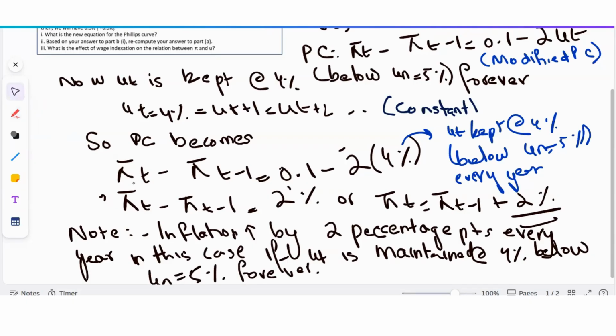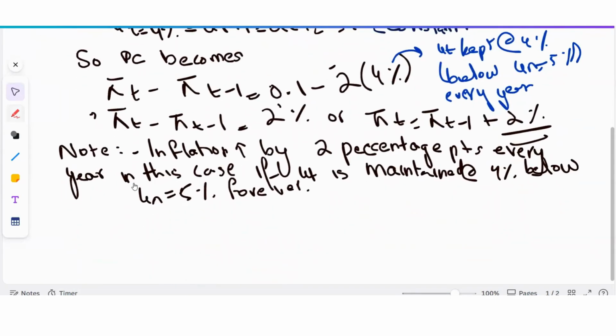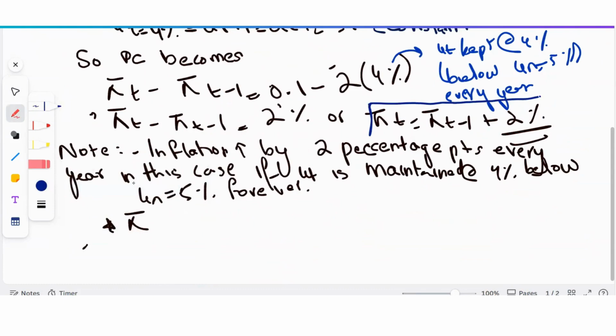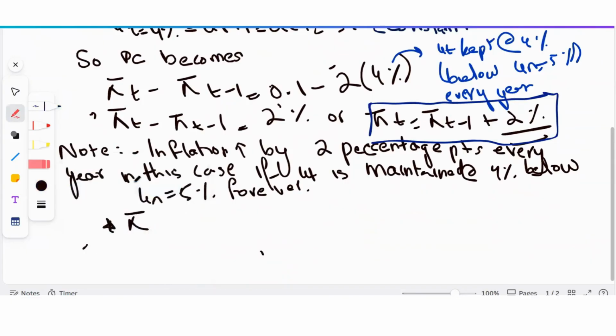So what we see here is the key: inflation increases by 2 percentage points every year. From here we can see that pi t plus 1, if I forward this by one period, is equal to pi t plus 2%.